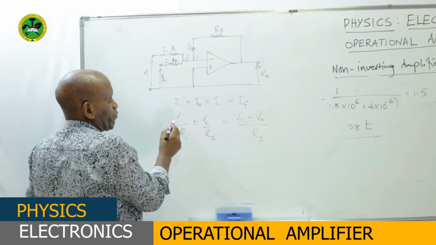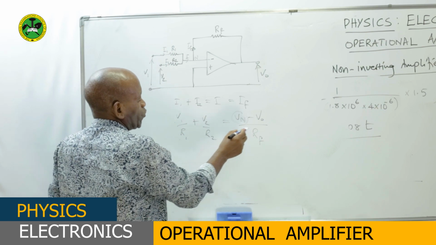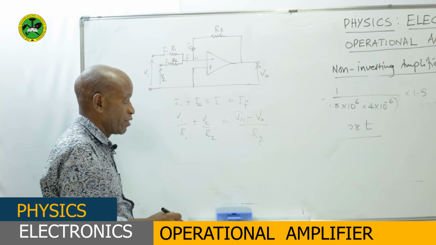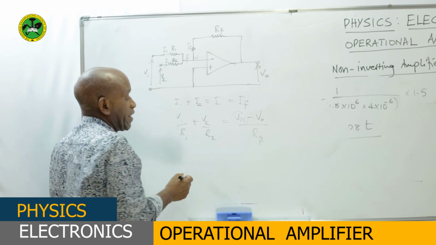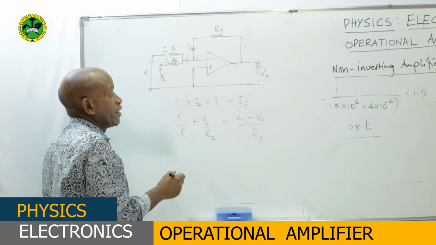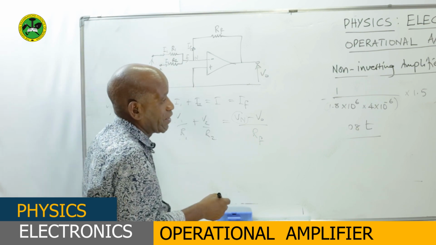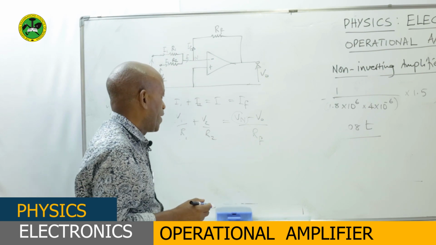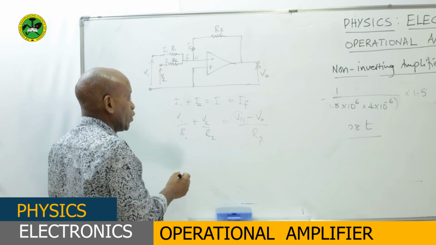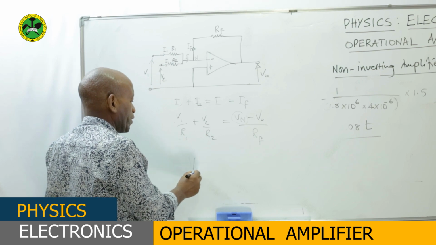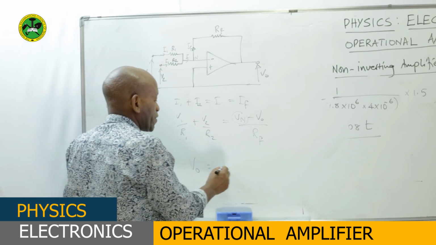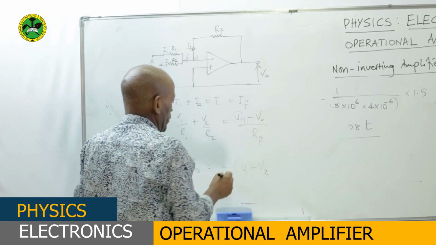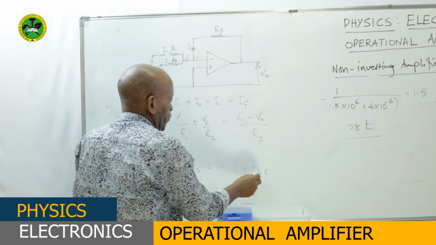So you can substitute for V1, V2, R1, and R2 to obtain V0, as long as the feedback resistor RF is known. It's a matter of substitution, and I hope you can do this whenever we are taking our operational amplifier as a summing amplifier, so that eventually you will be able to obtain the output voltage V0 in terms of the sum of the first voltage V1 plus the voltage V2.